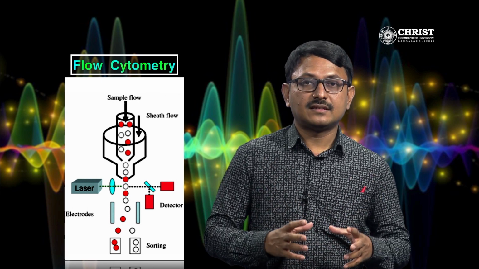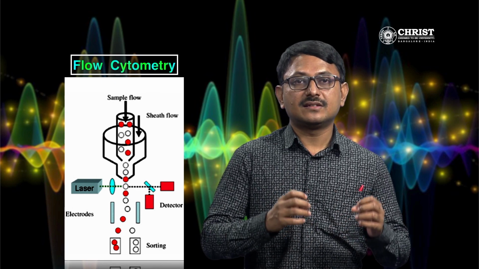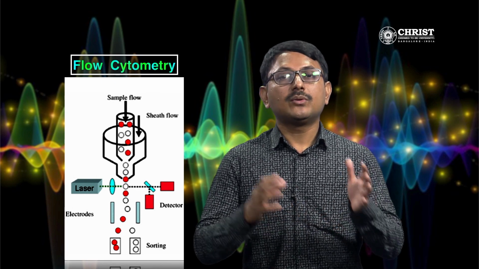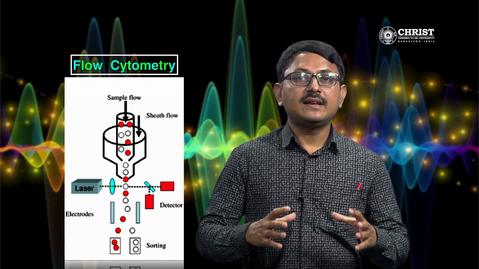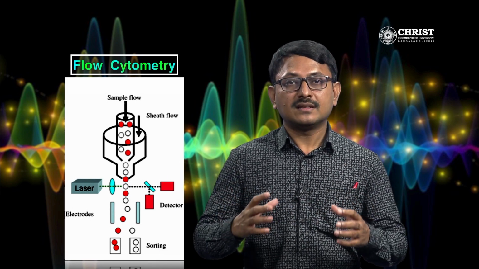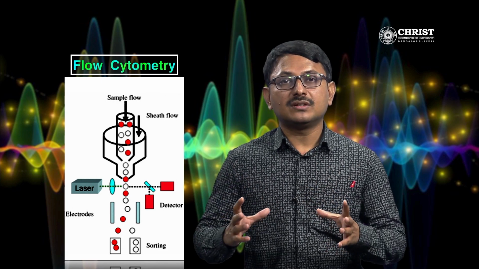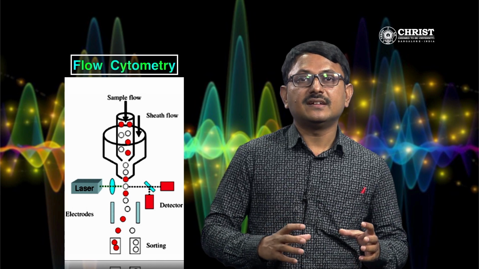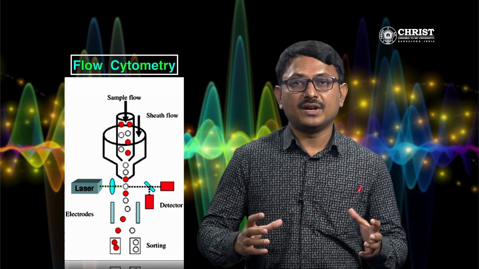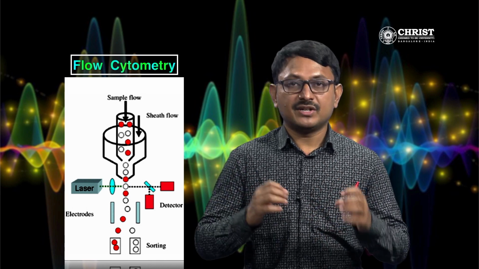The electronic system is used to change the light signals detected by the optical system into electronic pulses that can be detected by a computer. The data can then be studied to ascertain information about a large number of cells over a short period of time. Information on the heterogeneity and different subsets within cell populations can be identified and measured.